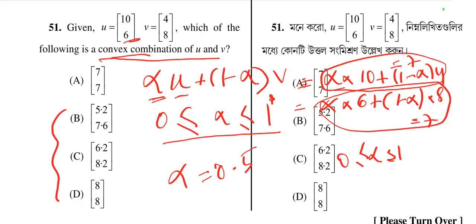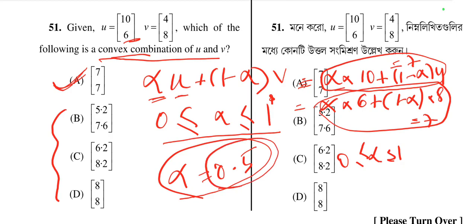You can also solve the other options. In those, alpha is either greater than 1 or less than 0. So only in option A does alpha range from 0 to 1, that is 0.5.